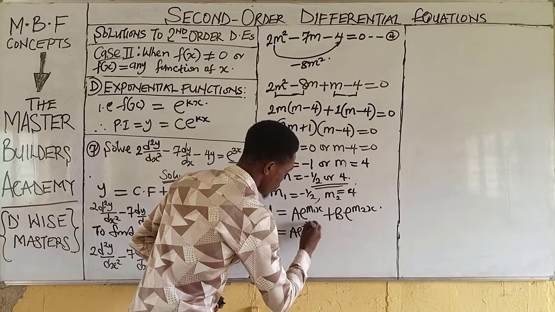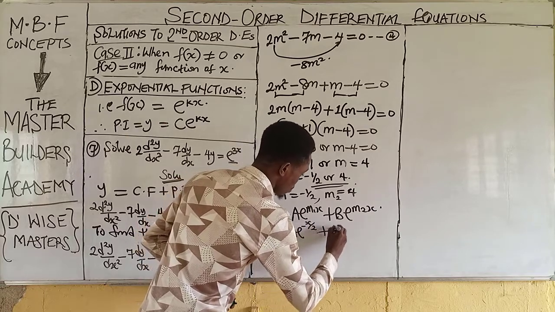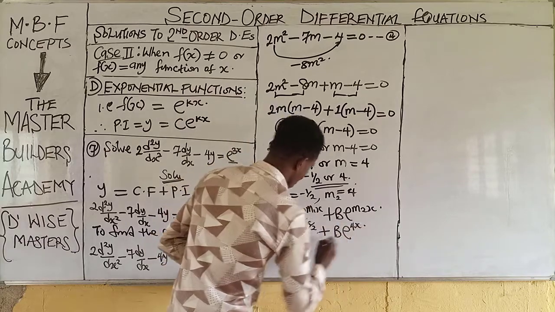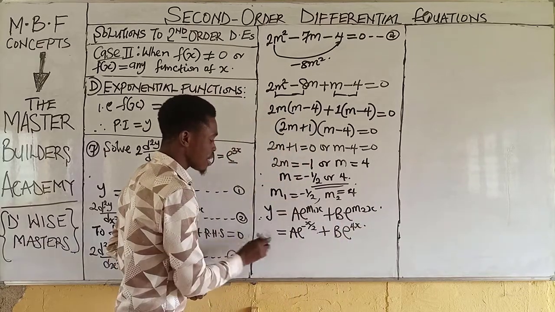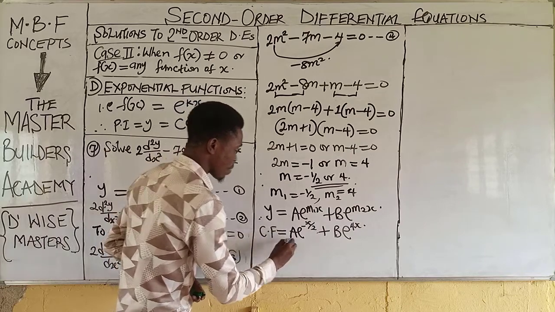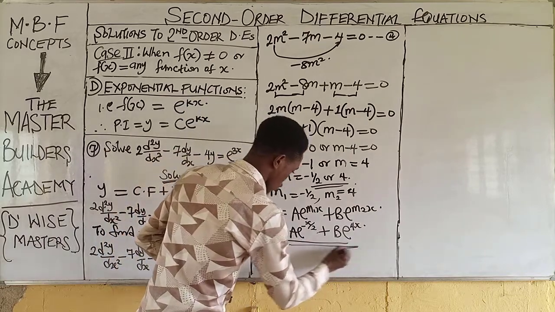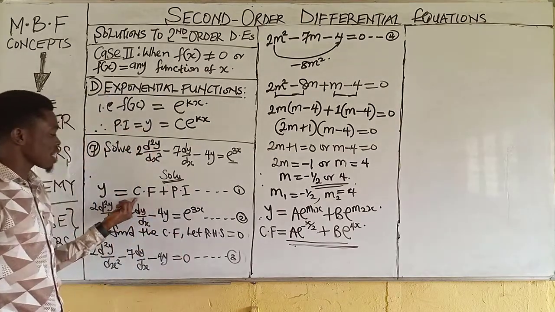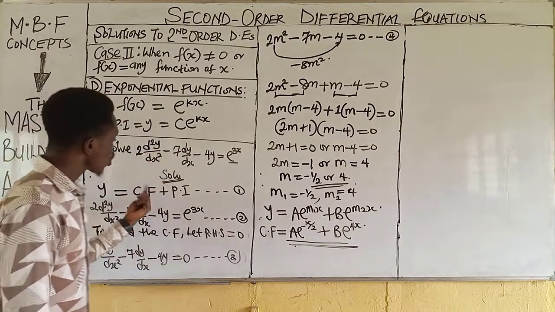Alright? Then plus b e^(4x). Now, guys, this is exactly the same thing as our complementary function. Now, we have successfully obtained the complementary function.